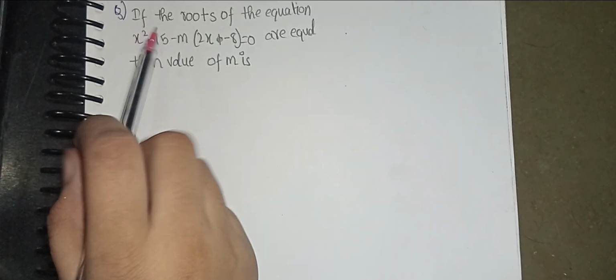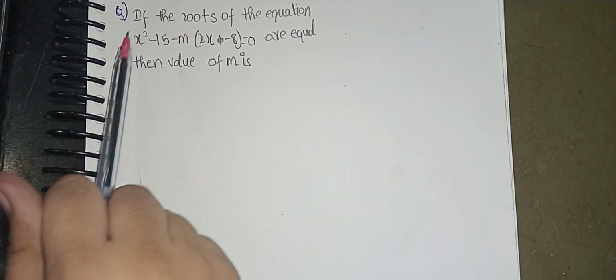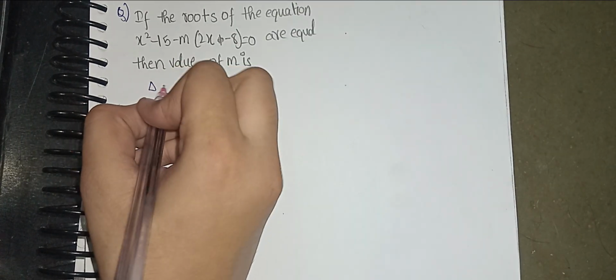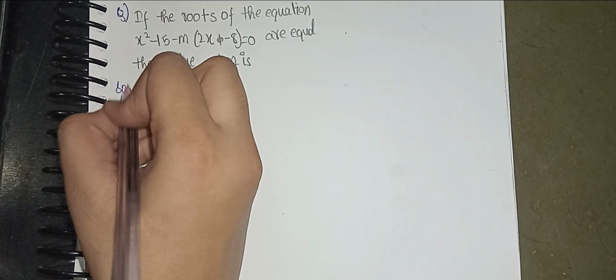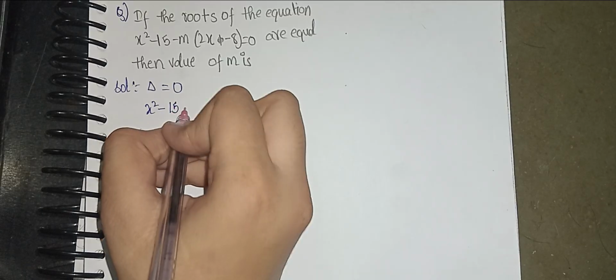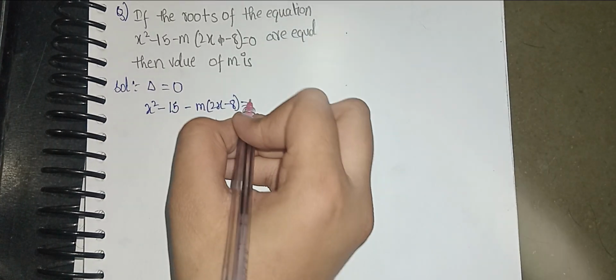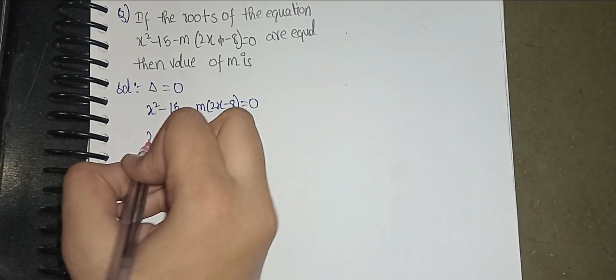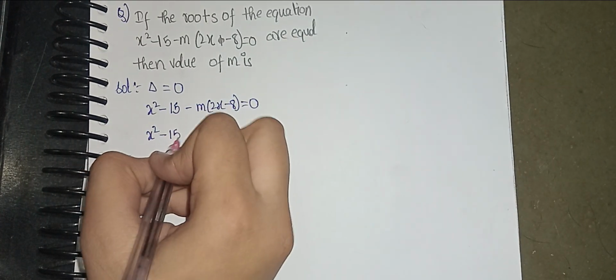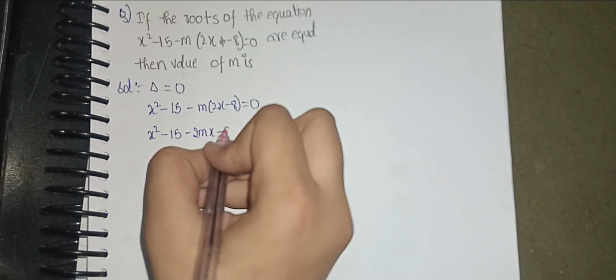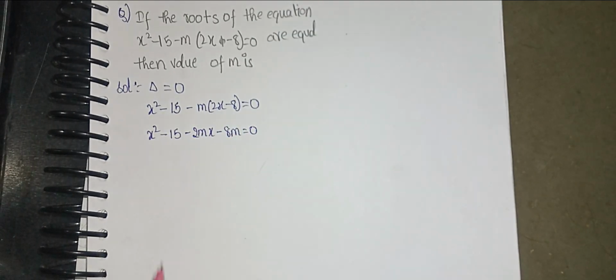Here this is the question. They are saying that roots of this equation are equal. Means delta is equal to 0. Okay, what is the equation? X square minus 15 minus m into 2x minus 8 is equal to 0. If we simplify, we'll get x square minus 2mx minus 8m minus 15 is equal to 0.